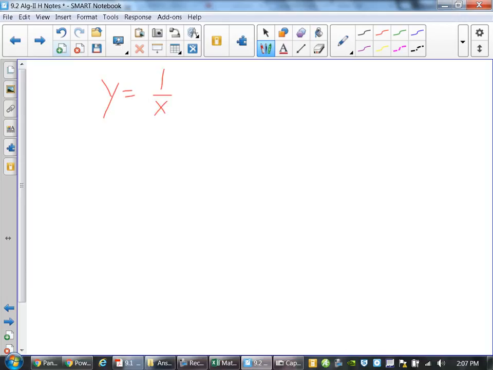In this case here, what can't the denominator do? 0. So if 0 can't be in the denominator, what is created when you graph it? Very good, an asymptote. You have a vertical asymptote.